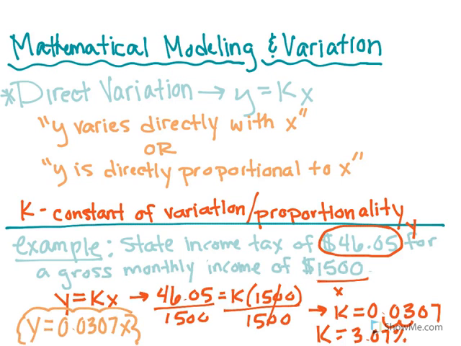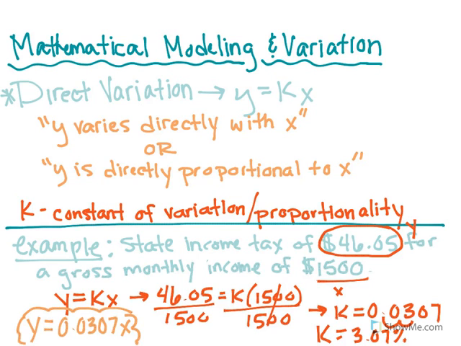In other words, my rate of change in this particular function, or my slope, is that value. It's the percentage of your income. So as your income increases, your state income tax will be a multiplier of that particular decimal. So that's all direct variation is.